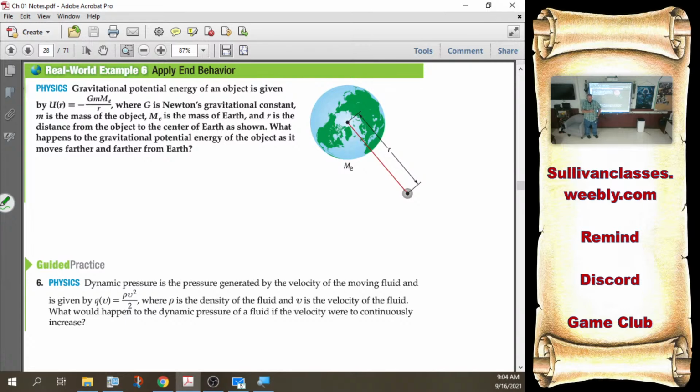Gravitational potential energy, or weight, of a thing changes based on how far away it is from Earth. You all know that weight actually changes depending on your elevation. Does it really? Yes, weight is the measure of gravity's impact on you. Mass is how big something is, how much matter is there.